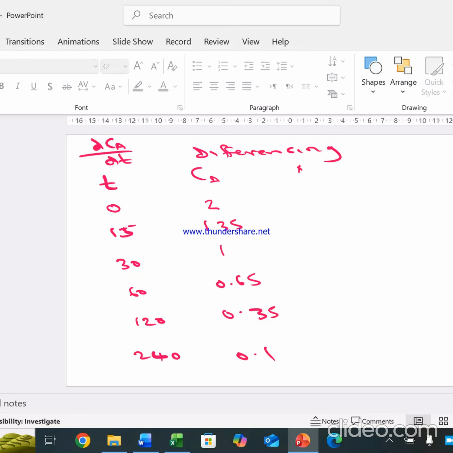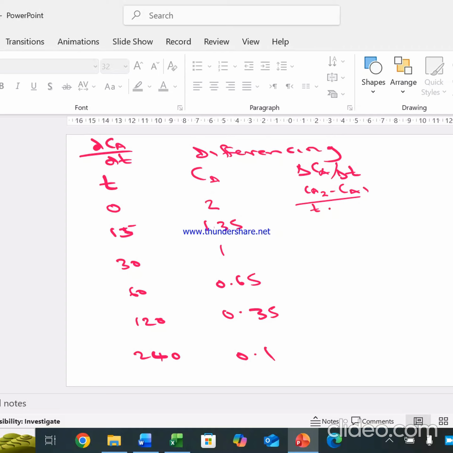So we have to now get our differencing, which is what? Delta Ca over delta T. So simply put, delta Ca over delta T means Ca2 minus Ca1 all over T2 minus T1.